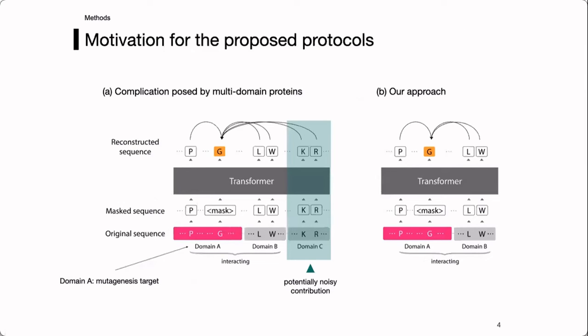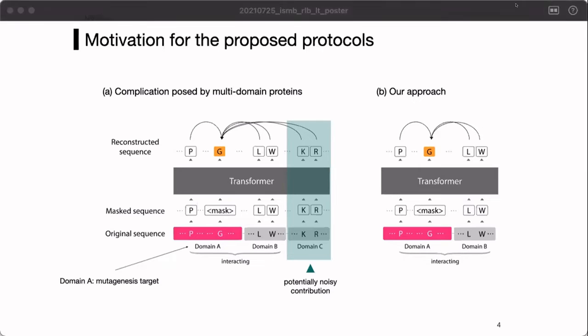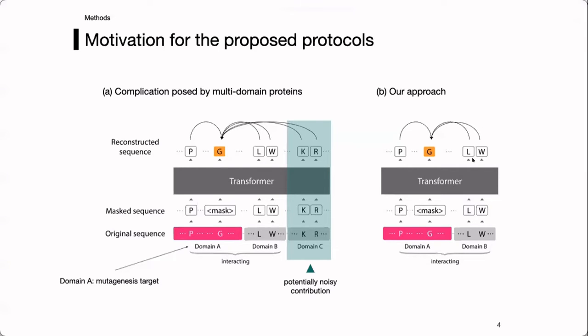Let us see the complication posed by multi-domain proteins, which are often of interest in realistic protein engineering. Here we see a protein with 3 domains, the first of which is a mutagenesis target. At the same time, domain A and B are interacting. Thus, their correlation influences the representation of the mutagenesis target, while domain C is functionally independent of these two.